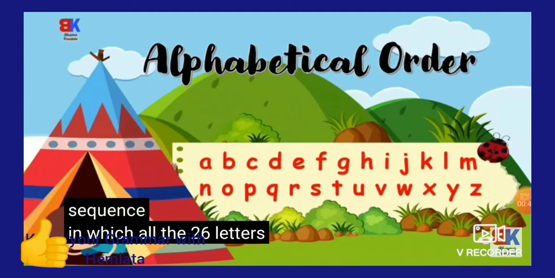As you know, alphabetical order comes in sequence because in English we have 26 letters in the alphabet, like A, B, C, D, E, F, G, H, I, J, K, L, M, N, O, P, Q, R, S, T, U, V, W, X, Y and Z. So now, beta, do you understand how many letters there are in the English alphabet?